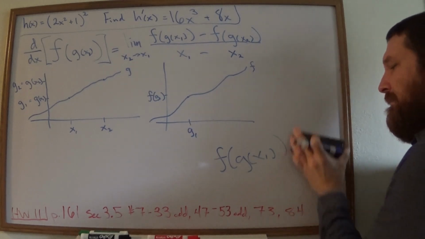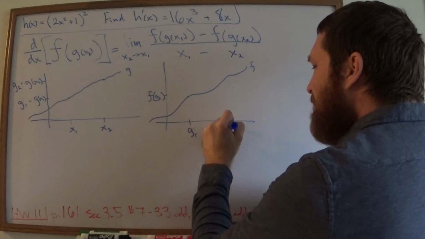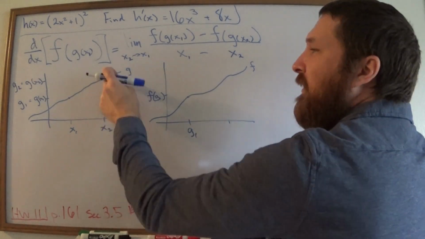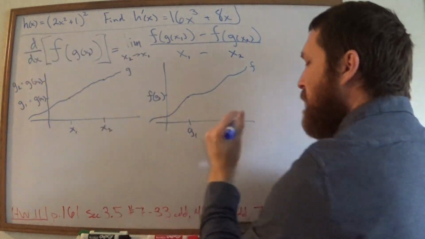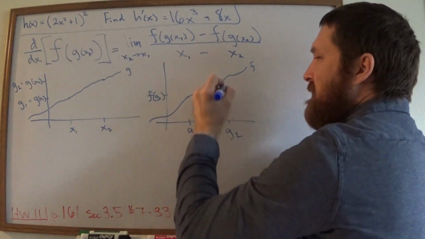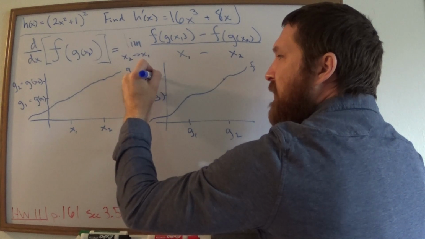Everybody with me? So you plug in an x2, you go to 3, plug that into g, and get some g2. You take that g2 and plug it into your f, which here would mean squaring it, but whatever. And you get your f of g2.